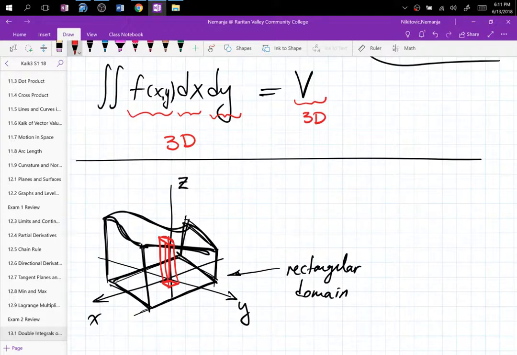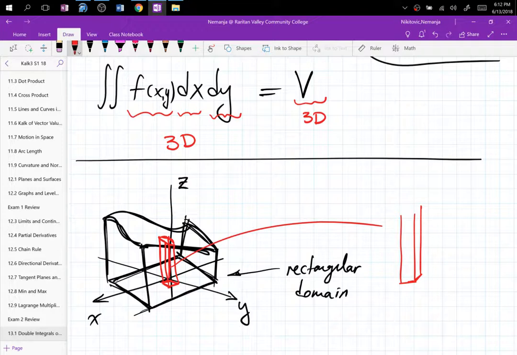Now, I call this a representative French fry because that's what it is. You're going to have something like that.